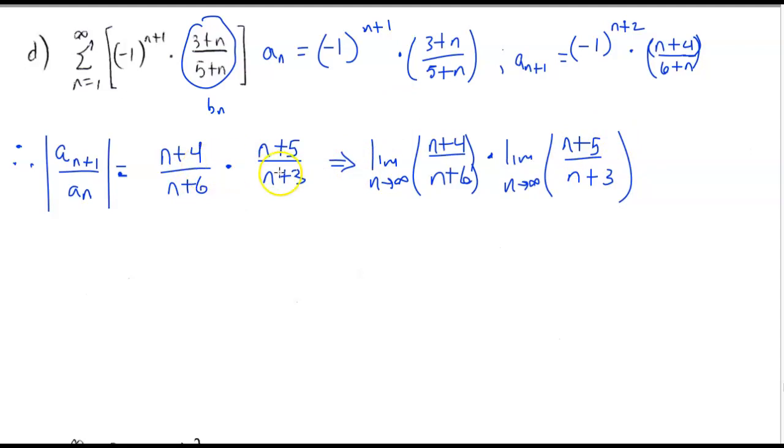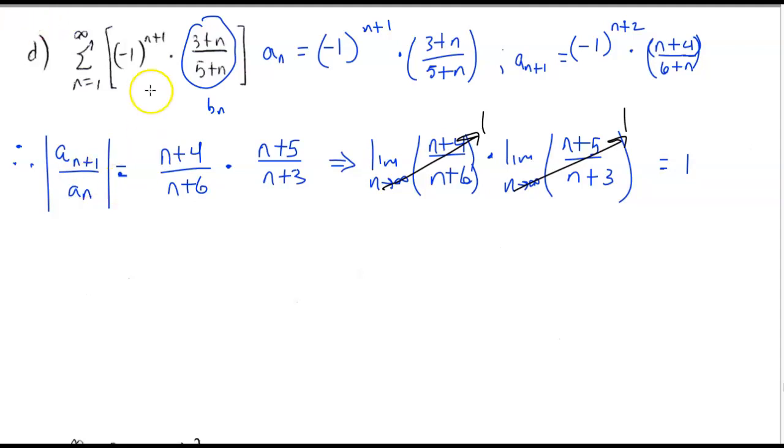And of course, since I have the product of two functions, if I take the limit of the product, it'll be the product of the limits. And again, for the same reasons as before, we know that the limit of a rational function as n approaches infinity just means, hey, we're trying to figure out if this has a horizontal asymptote, and it does at, let's say, y equals 1. So this limit will go to 1. This limit will go to 1. So, of course, here, this is going to be inconclusive.